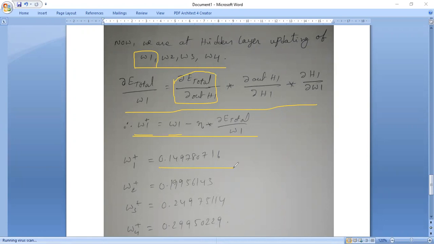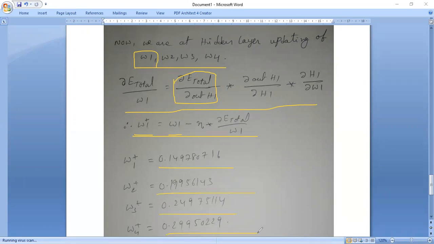As well as, if you apply these formulas to the remaining weights, you can update the remaining weights of the network. Those are W2 plus, W3 plus, W4 plus. These are the values. By this we have finished our backward pass, or back propagation.